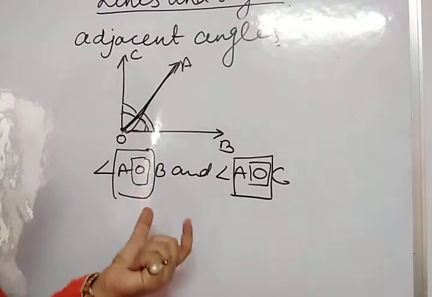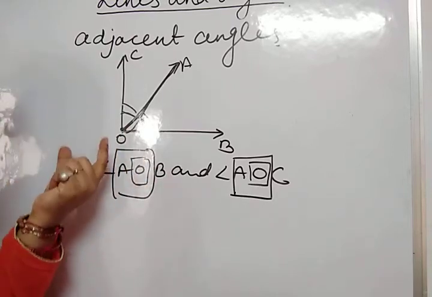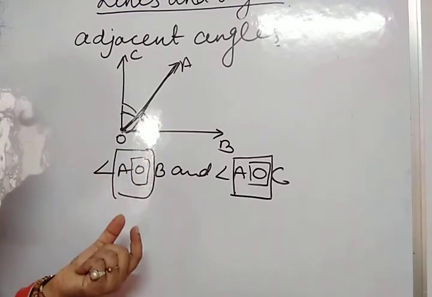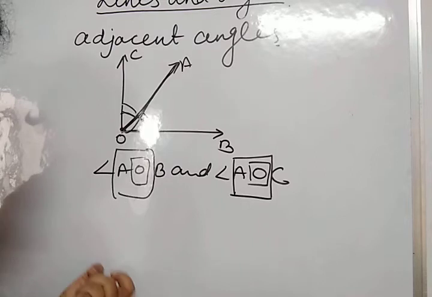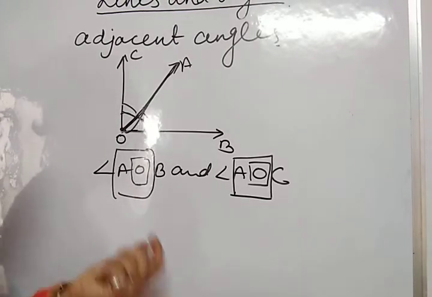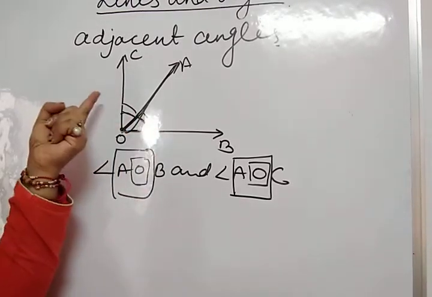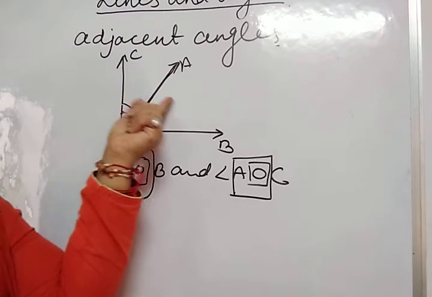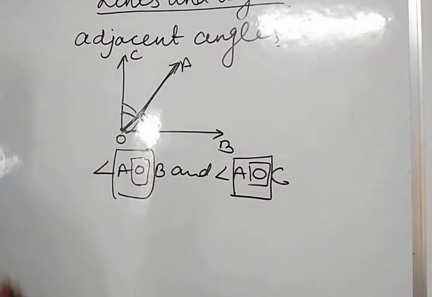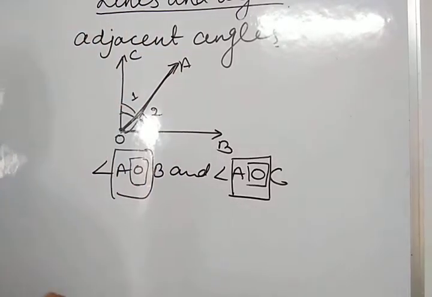So first thing, for adjacent angles you have to understand that both the angles should have a common vertex, a common arm, and the uncommon arms should be on either side of the common arm. Here the uncommon arms are on either side of the common arm OA. Then the angles are said to be adjacent angles.